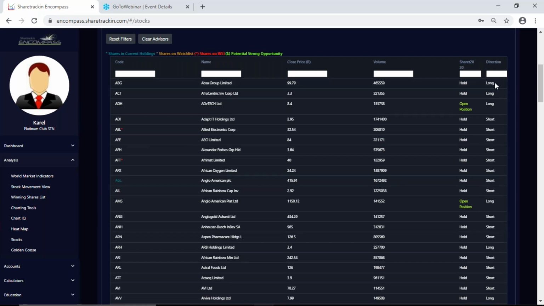The direction. So on the CFD trading, you can trade both ways. You can do an upwards trade, which everyone knows. That's buy in low, and sell high. Or you can open a short position. In other words, you buy high and sell low. Okay, on the banks it works. On the live platform it works a bit different.